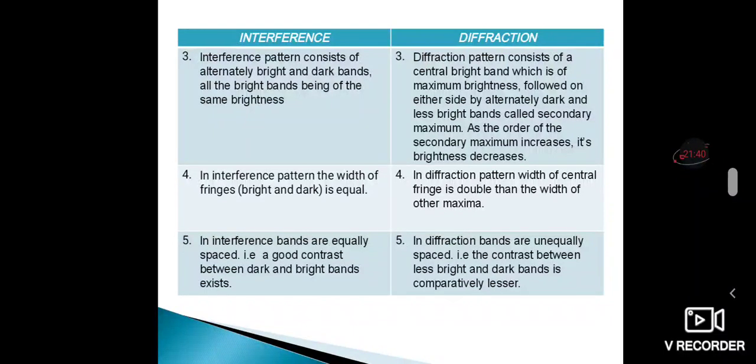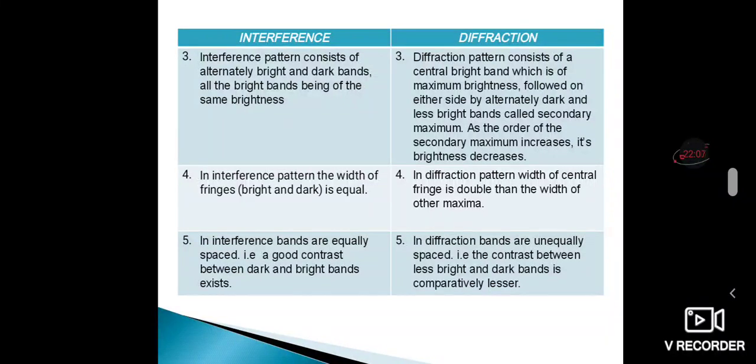But in the diffraction pattern, the width of the central fringe is double the width of the other maxima. Therefore we have taken the width of the central maximum as 2x. Just observe in the notes, it is 2x because the central maximum is much larger, but in other cases the width of the other maxima goes on decreasing.